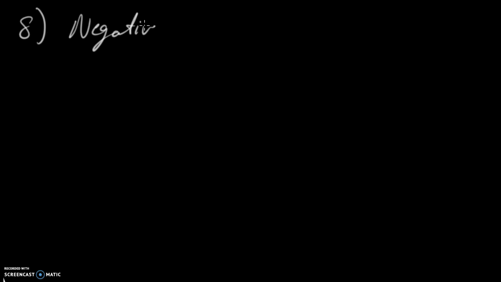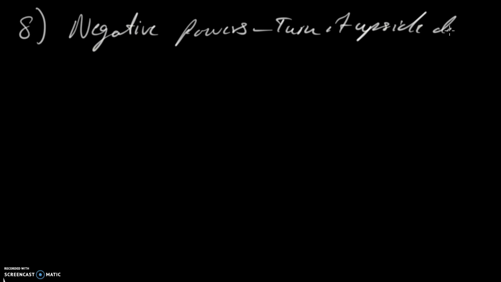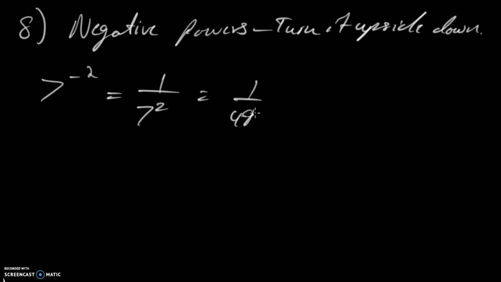Negative powers. So this just means turn it upside down. So 7 to the power of minus 2 equals 1 over 7 squared, which equals 1 over 49. So what we did here was we had 7 to the power of minus 2.